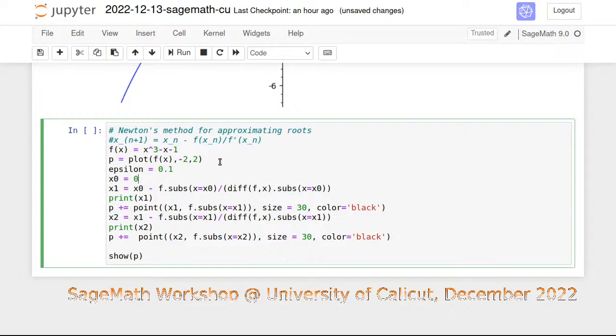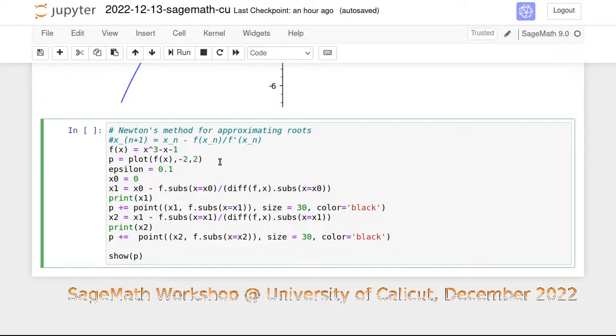So if f of x becomes, instead of 0, 0.1, that essentially means that this is an approximate root. We are assuming that Newton's method actually gives you a sequence of roots that are converging to the actual root. That assumption is always there.